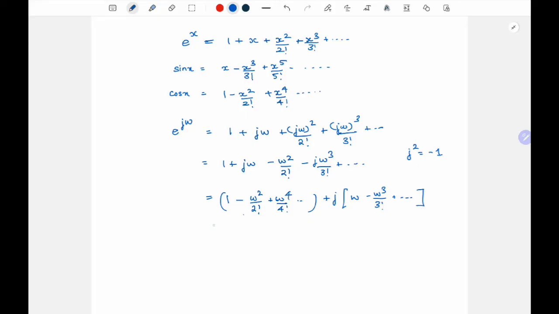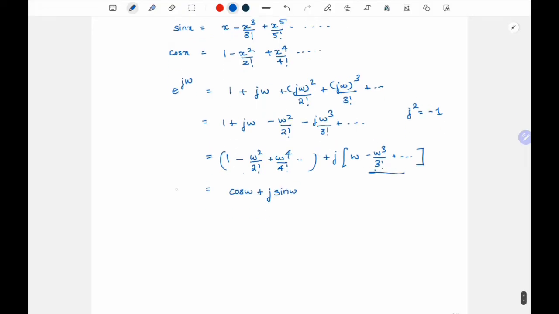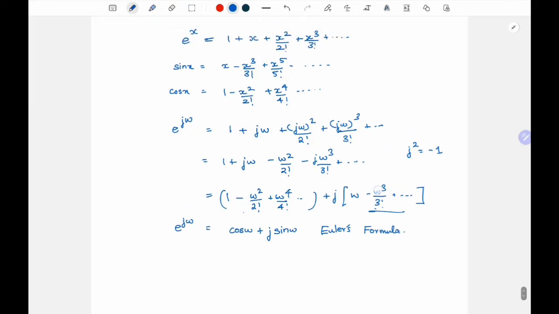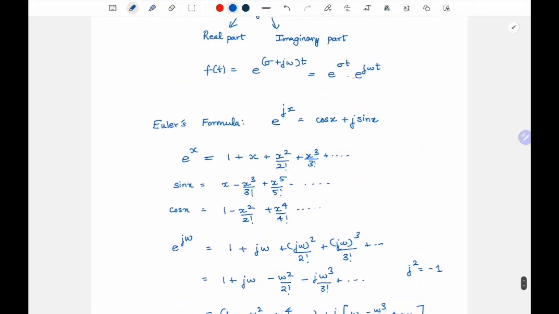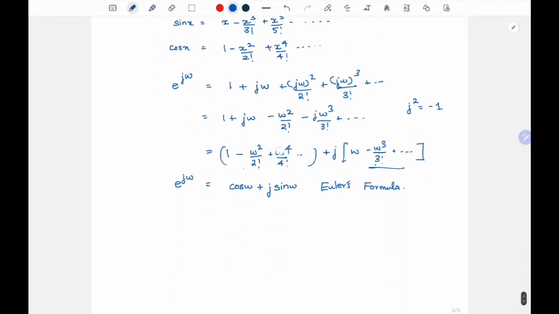This is nothing but cos omega, correct? Plus j into, this is nothing but sin omega. So this is Euler's formula, or Euler's relation. Okay. So then using that for this f of t, what do we have?